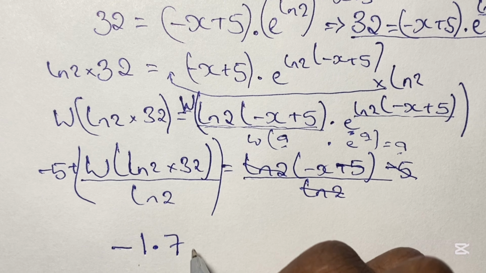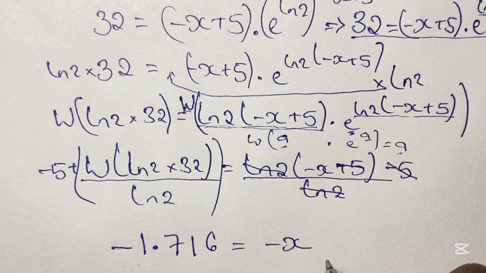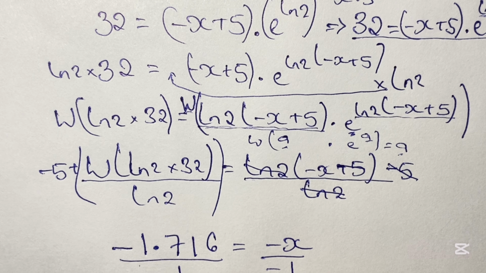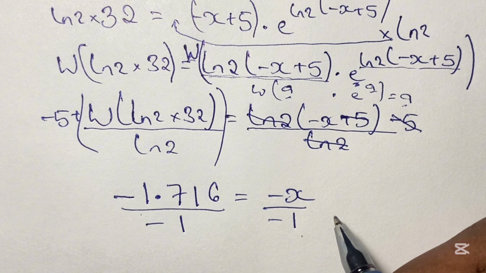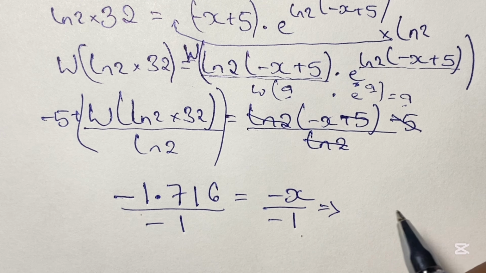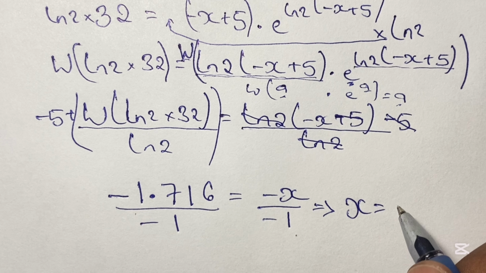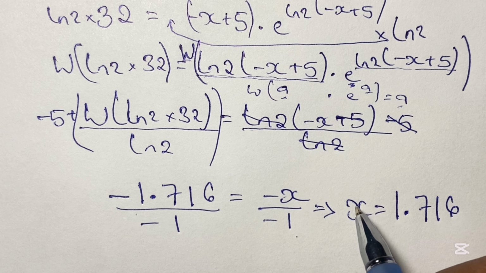So we have negative 1.716 is equal to negative x. And now from here we solve x by dividing both sides of this equation by negative 1, just to remove that negative from the x. So we then know that x therefore is equal to 1.716. And this is our solution for x in this equation.